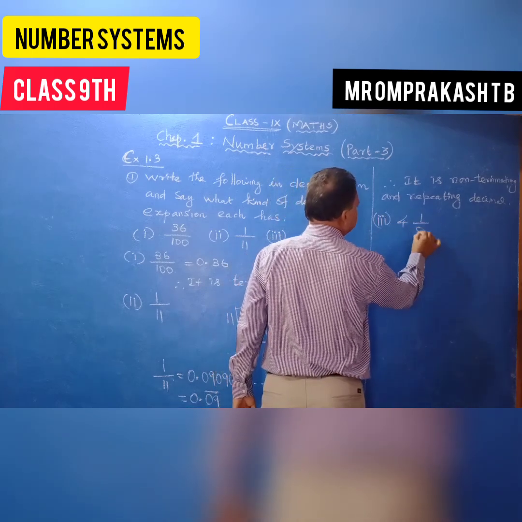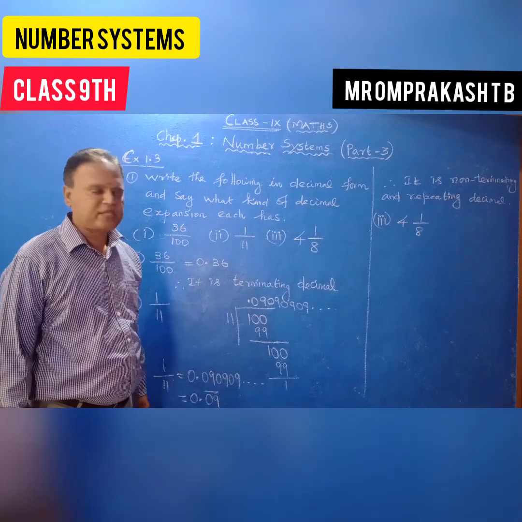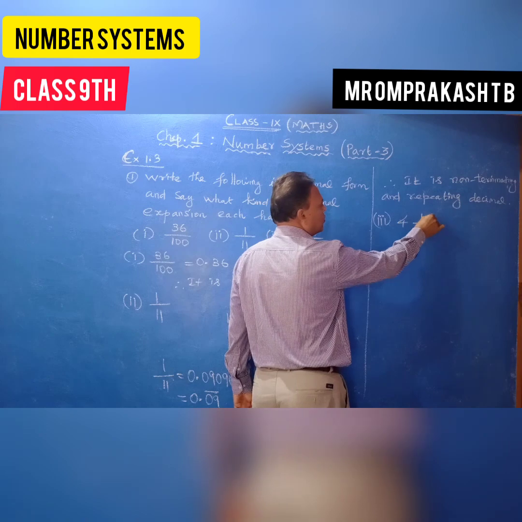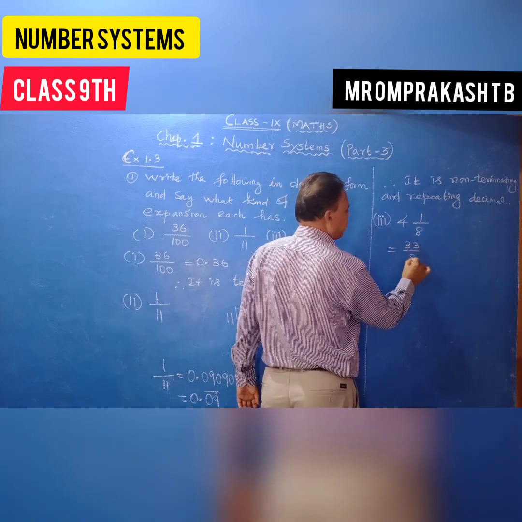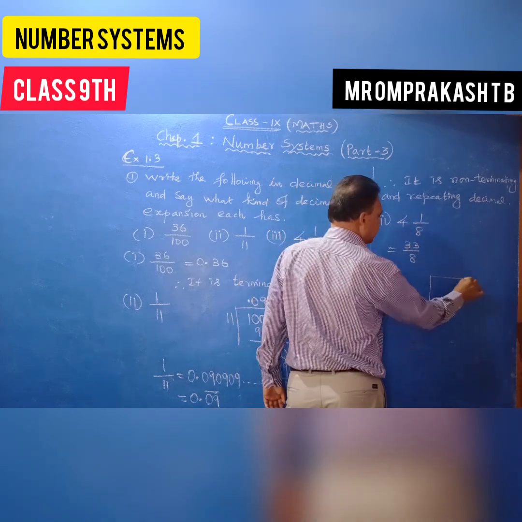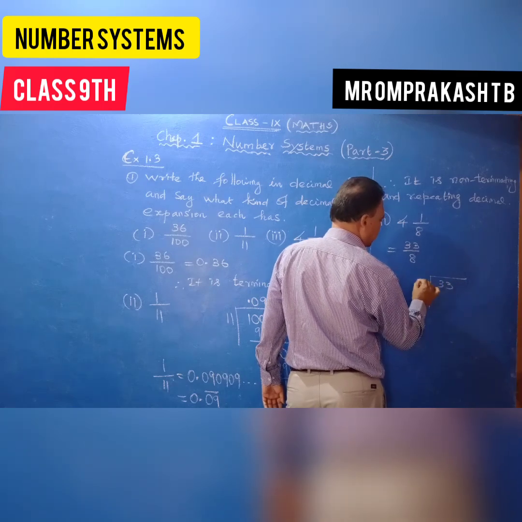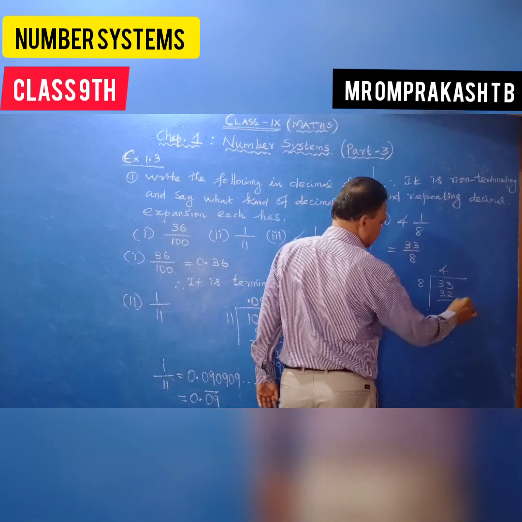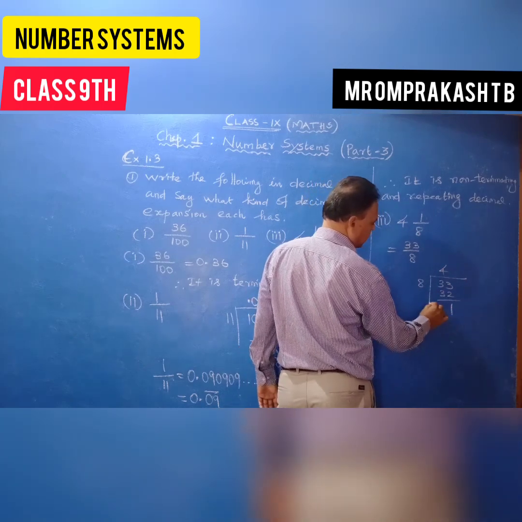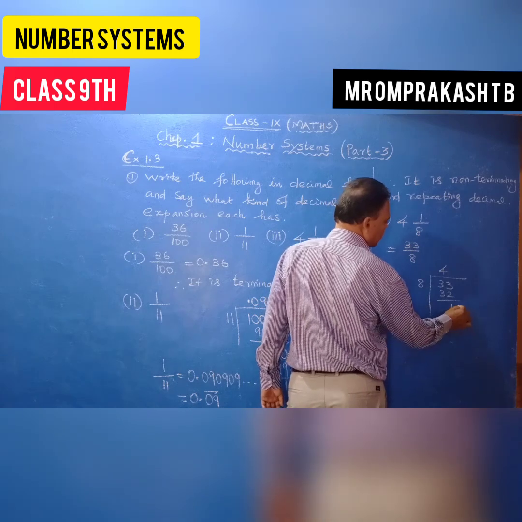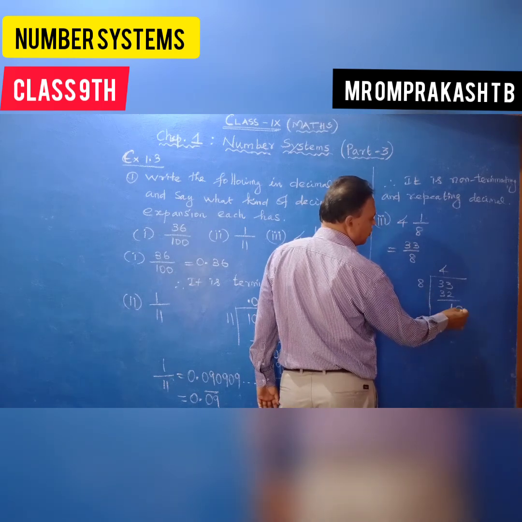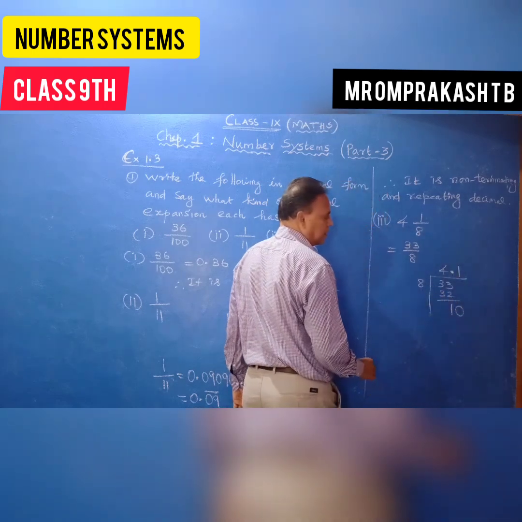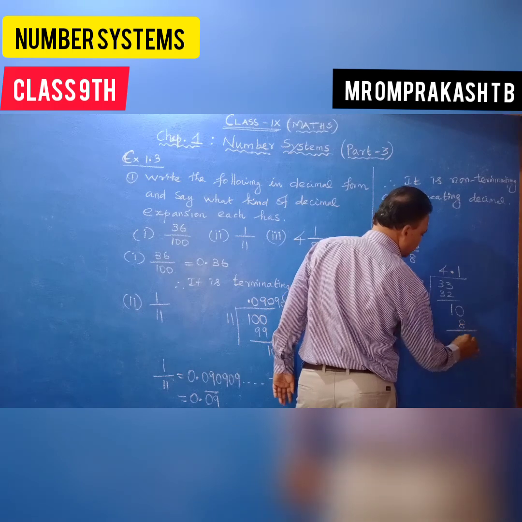4 1 by 8 is mixed fraction. Clear? That's why you have to make it as fraction means multiply, 33 by 8. Now divide, ordinary division 33 by 8. How many times will go? 4 times will go, 32. The remainder 1. Okay. So 1 cannot divide. That's why you put 1 0 means keep point. Now how many times will go? 1 time will go. Right? Now 8, 2 is the remainder.